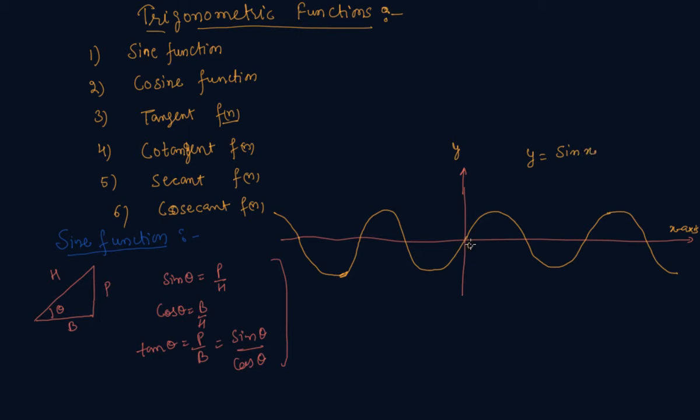This is 0, pi, 2 pi, 3 pi, minus pi, minus 2 pi, minus 3 pi. The value of the function is 1 at pi by 2, and minus 1 at 3 pi by 2. Now it is 1 again at 5 pi by 2. Similarly it is minus 1 at minus pi by 2, 1 at minus 3 pi by 2, and minus 1 at minus 5 pi by 2.